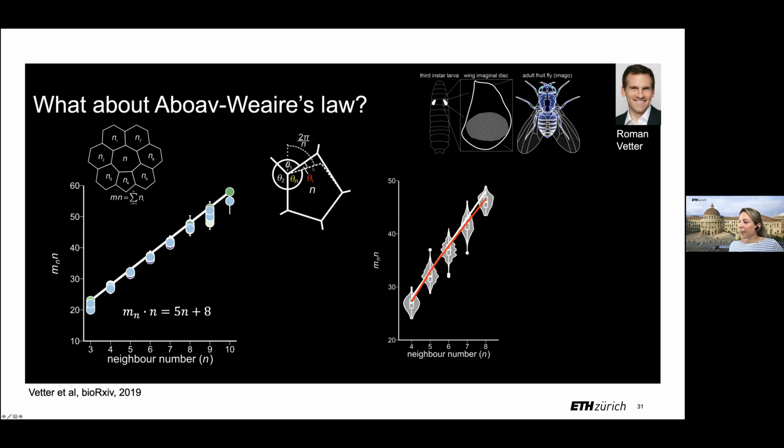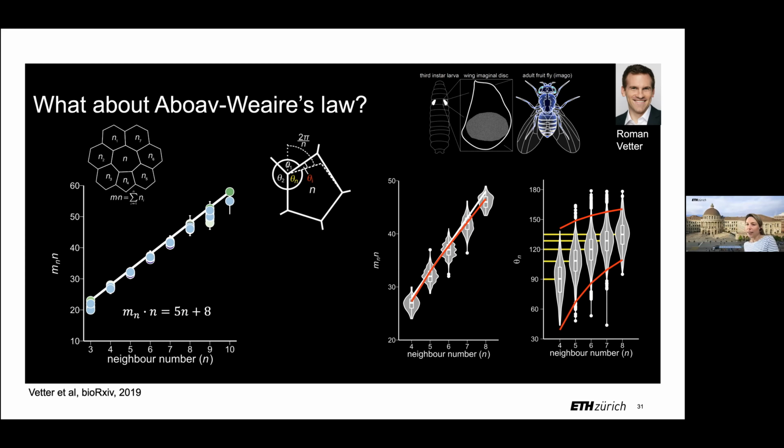Now we can optimize this one angle here such that we're getting closest to the measurements. And if we do that, we are predicting the range of angle deviations that we should observe in the wing disc. So for a cell with 4 neighbors, you would expect a 90-degree angle.